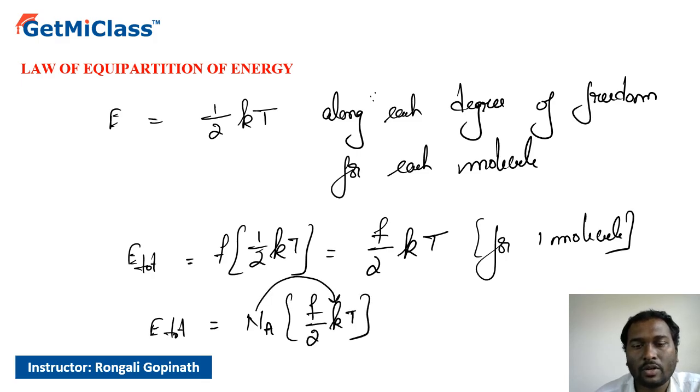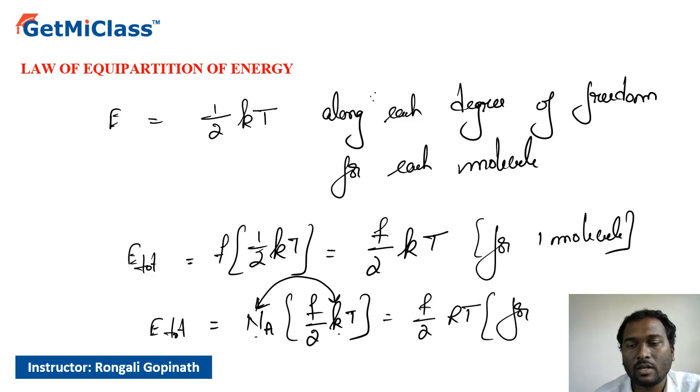Avogadro number into k is called what? Remember, k is the Boltzmann constant. So Avogadro number into k is called the gas constant R. That is f by 2 RT. This is for Avogadro number of molecules, and one Avogadro number of molecules is nothing but a mole, right? For 1 mole of gas.